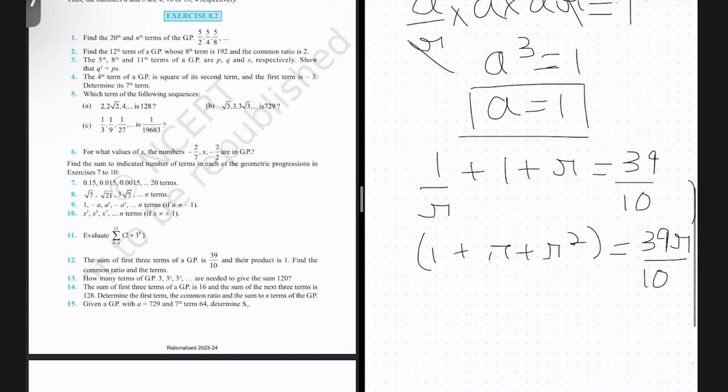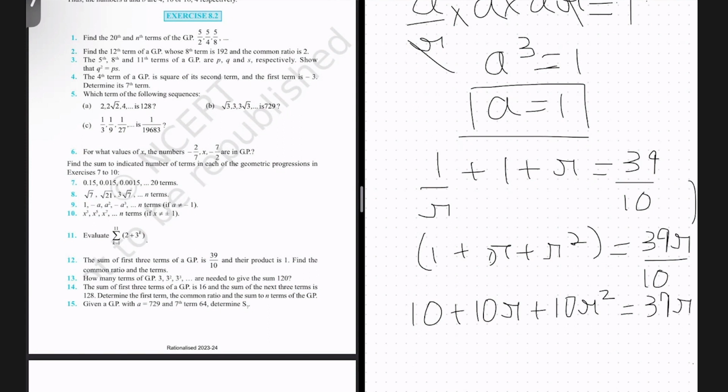Multiplying both sides by 10, I get 10 plus 10R plus 10R square equals 39R. Taking the 39R onto the LHS, you now get 10R square minus 29R plus 10 equals 0.